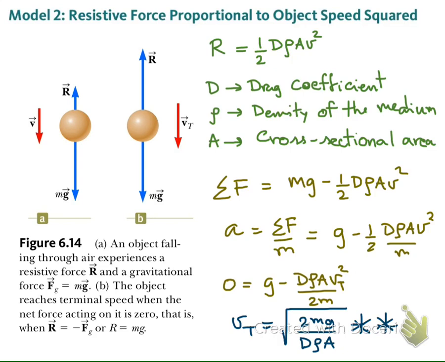So if we know the mass of the object, the cross-sectional area of the object, the density of the medium, and we measure the terminal velocity, we can calculate the drag coefficient from those data.